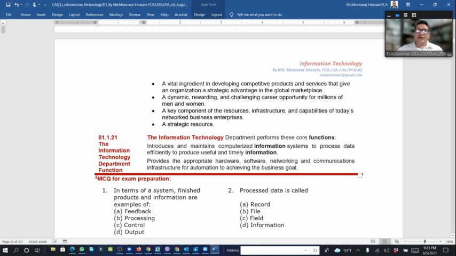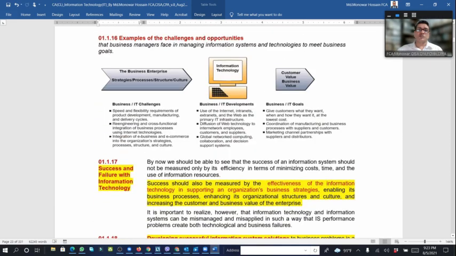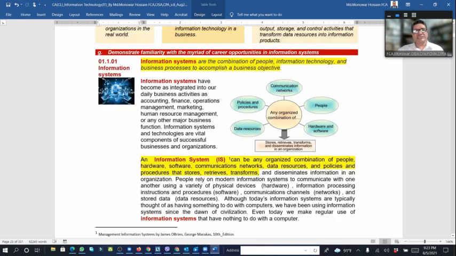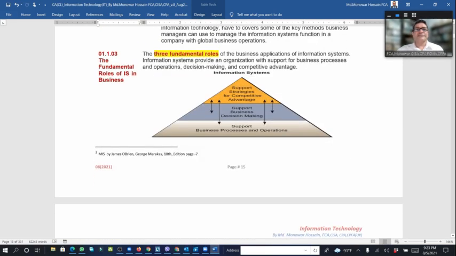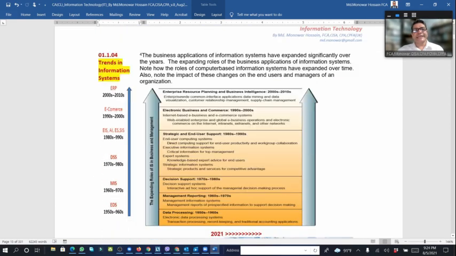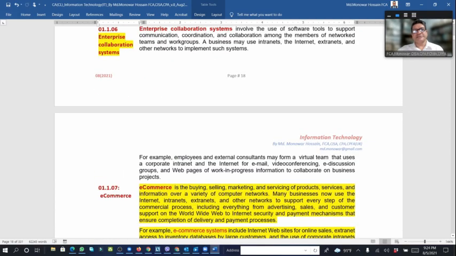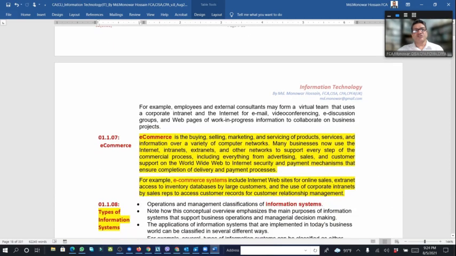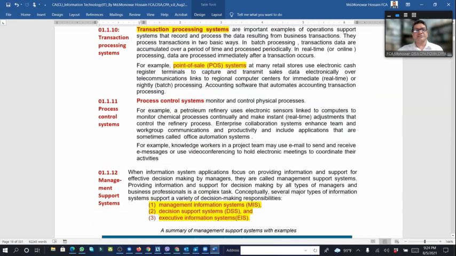So this is the first chapter, point 1. Here the basic thing is that we have seen information systems and the five areas of information system knowledge, three fundamental roles, and what a system is, trends of information systems, the role of e-business, enterprise collaboration systems, e-commerce, and types of information systems: operations support systems and management support systems.